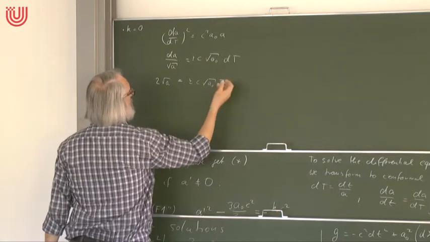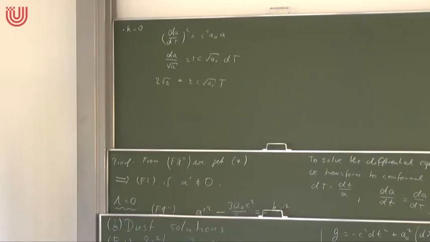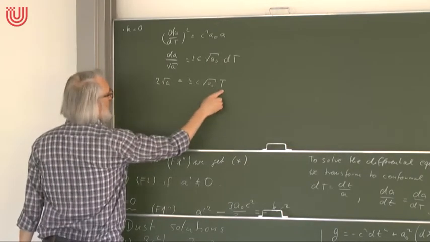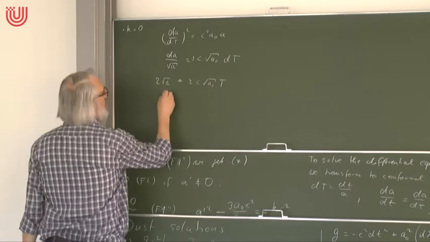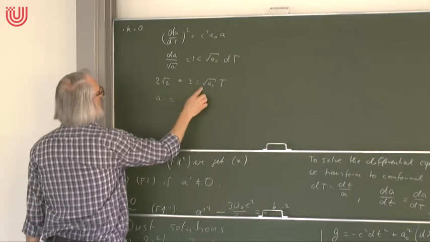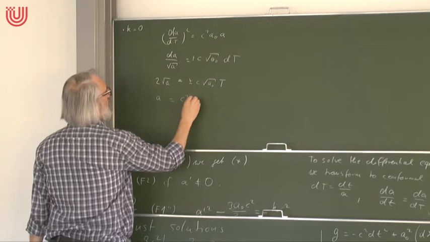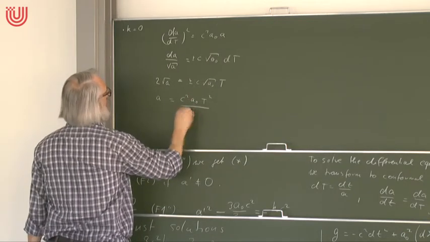Yeah, again T minus Ti, but again I choose Ti equal to 0, so that at capital T equals 0, I have my scale factor equal to 0. So the Big Bang is again at T equals 0. So this means that a of capital T is this thing squared, gives c squared a naught T squared over 4.